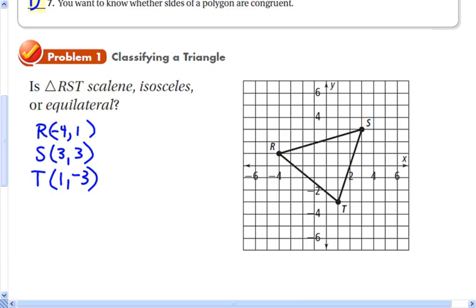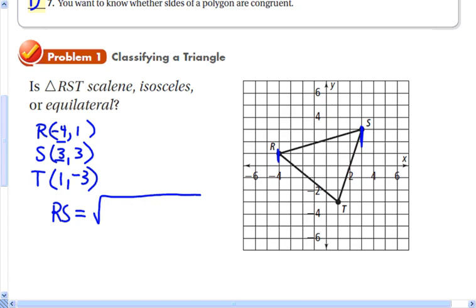And then we're going to use the distance formula here to find the distance from one point to another. Now, if just thinking about this, the distance from point R to point S is just the difference between the x coordinates horizontally and the difference between the y coordinates vertically. So RS is equal to, I'm going to just skip to the part where we square it, but the horizontal distance between R and S is the difference between the x coordinates.